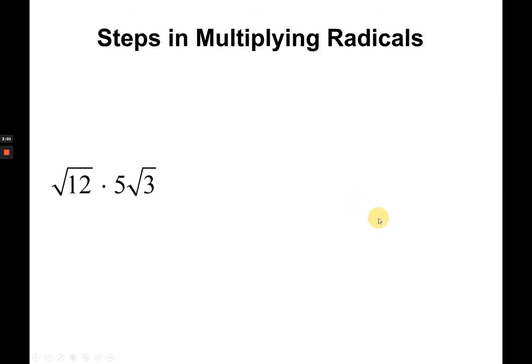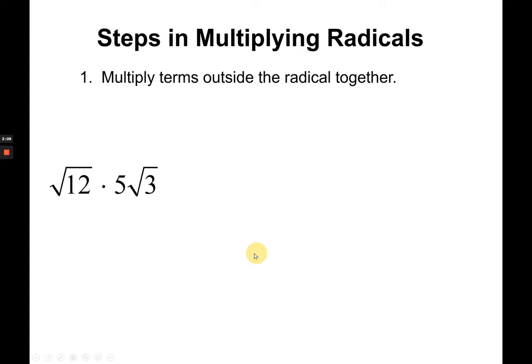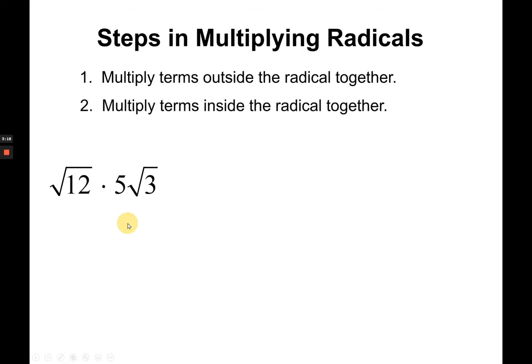Next, how do you actually multiply? According to the rules, you multiply the numbers outside the radical together, which are your coefficients. Here we have 1 times 5. Afterwards, we multiply the radicals, which is 12 times 3. 12 times 3 is 36.